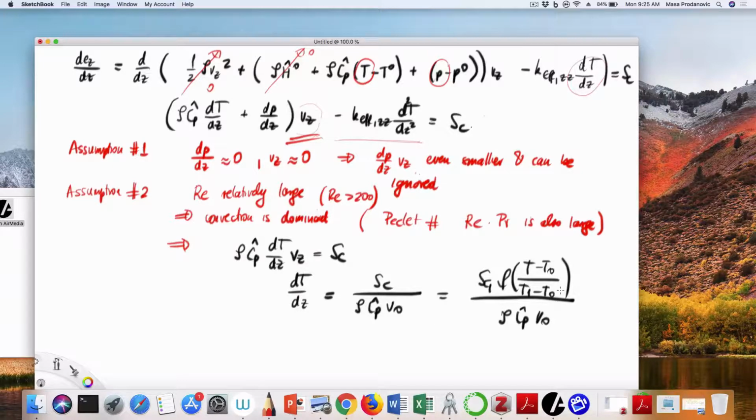So this problem can be normalized, and it often is. We use theta as (T minus T0) divided by (T1 minus T0). So that is the dimensionless temperature.